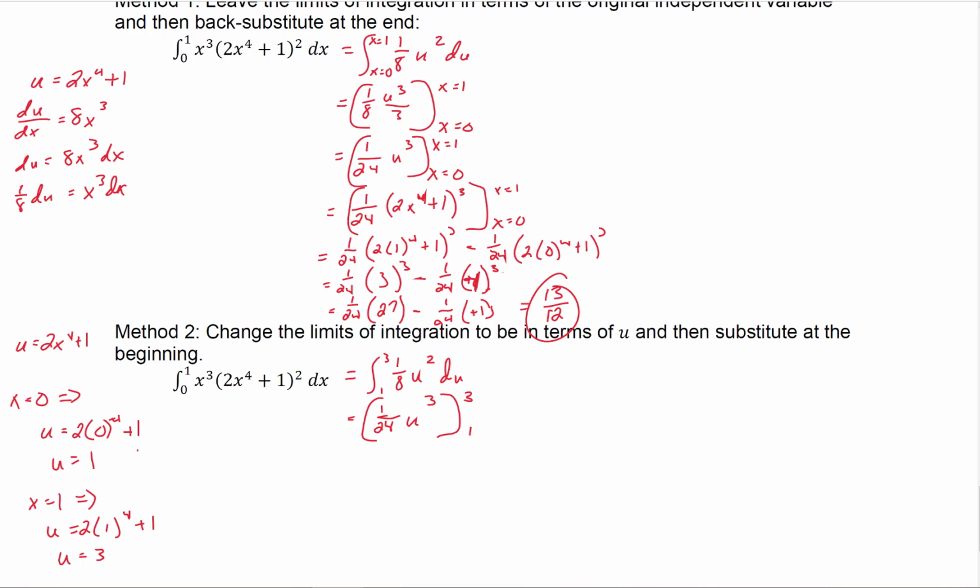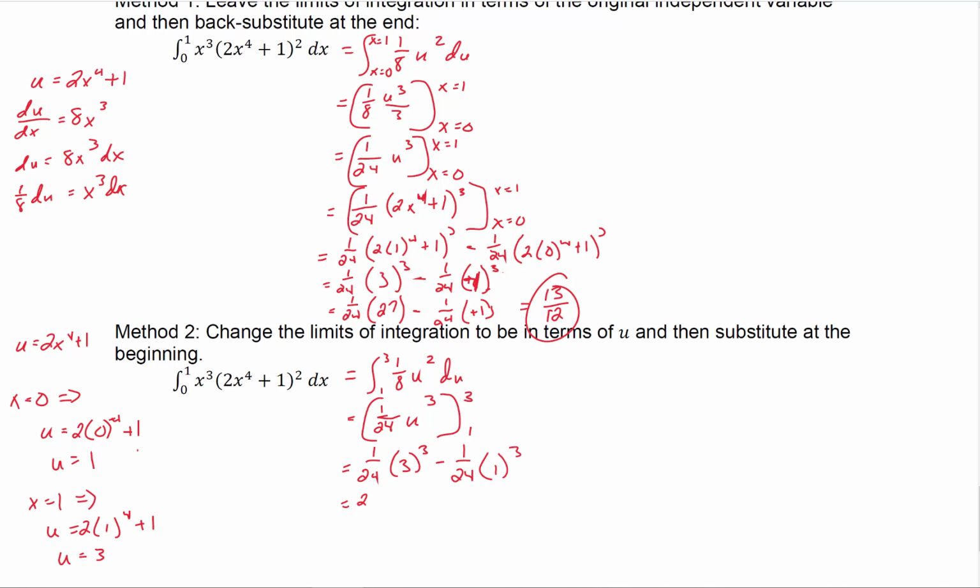So everything is in u and we don't have to back substitute. We can substitute in for u at this point, because our limits of integration are in terms of u. So this is just 1/24 times 3 to the third power minus 1/24 times 1 to the third power.